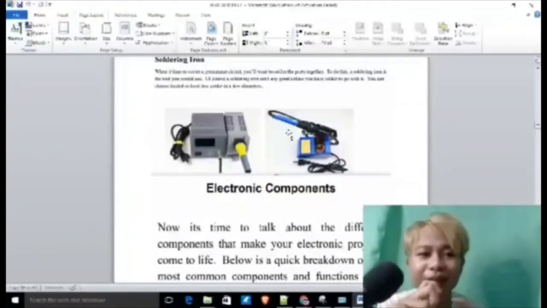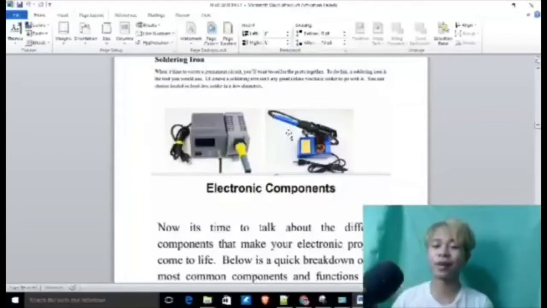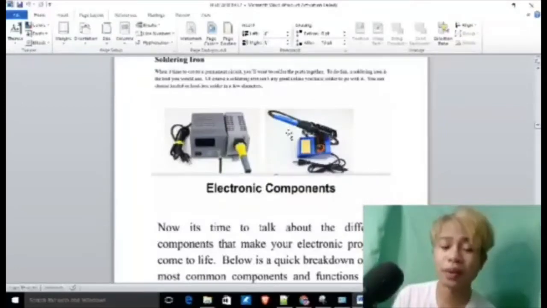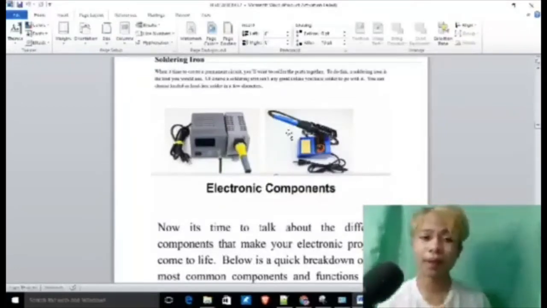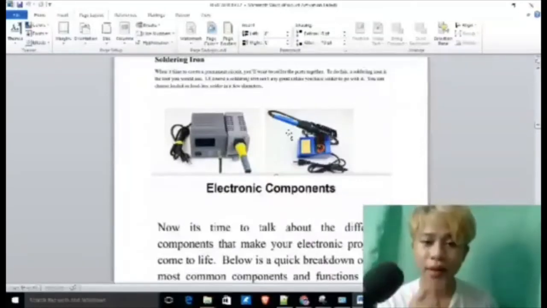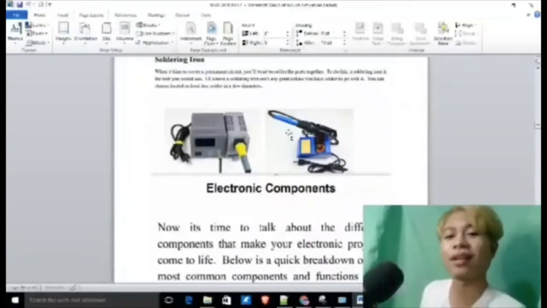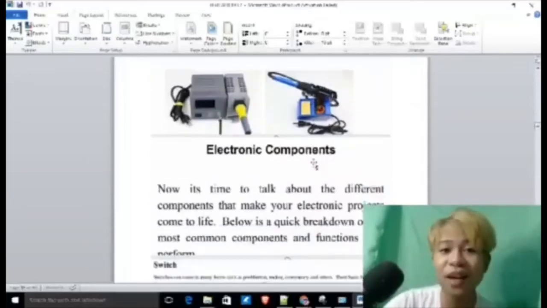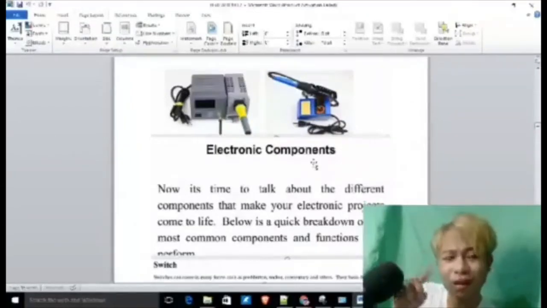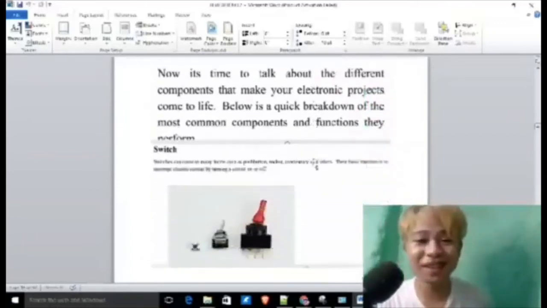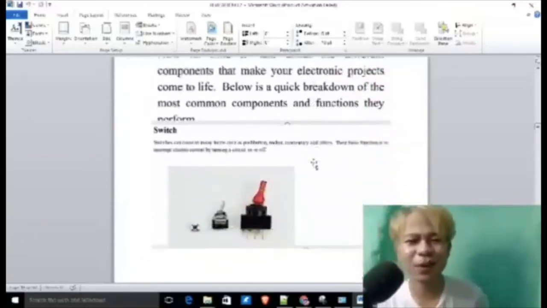I don't really remember the name of that small soft metal that you use when you're soldering a wire. The soldering iron is used to connect the wire using soft solid wire. To melt the wire, we use the soldering iron. We call that soldering wire.